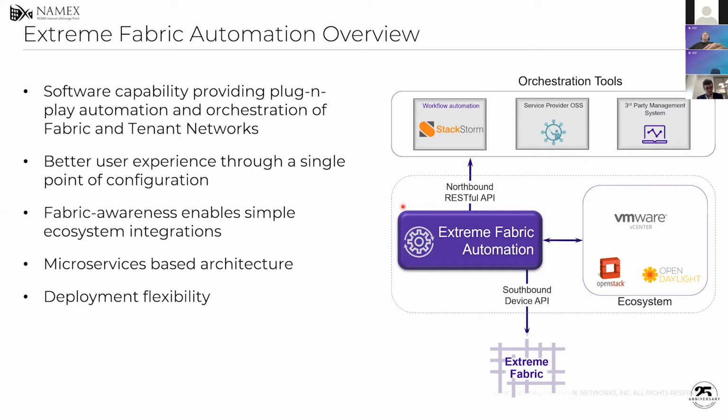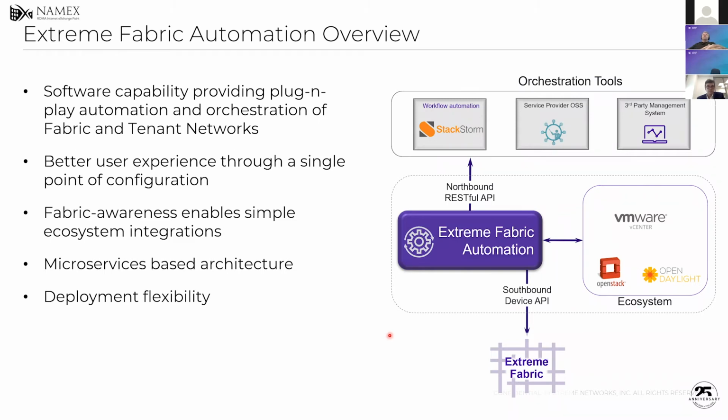And what we're talking about here is that we provide you a level of abstraction, a single point of interaction for the fabric as a whole, as one abstracted entity, and you don't need to deal with individual components anymore.